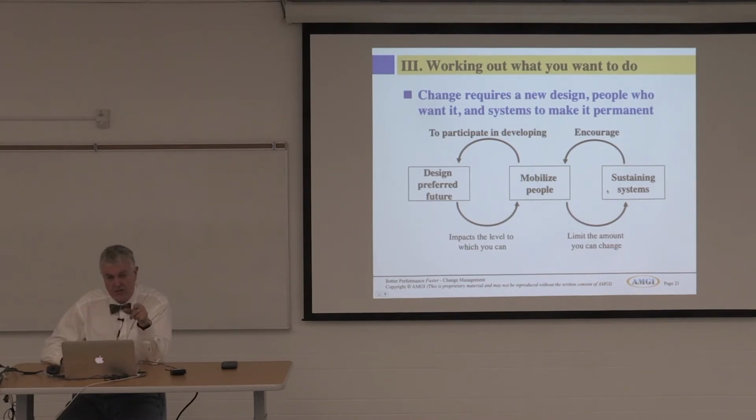You can't change too much too fast. Step at a time, piece at a time, a wave at a time. 17, 18 plants, one plant, and maybe another 2, and maybe over a 3-year period do the rest. And as you have one success after another, it's like a snowball, it builds momentum. And by the time you get to plant 6, 7, 8, 9, 10, people say, come on, help us.